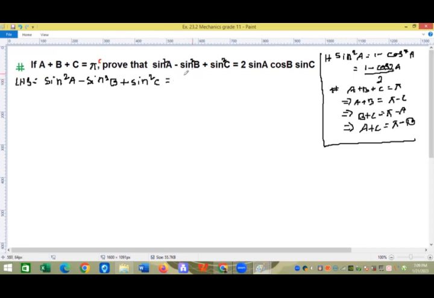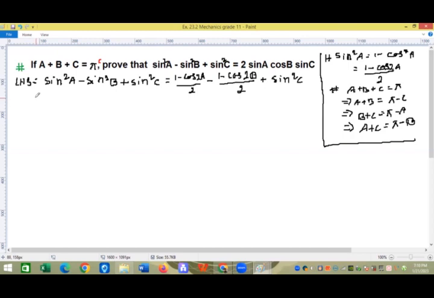So in place of sine square a, you can write here 1 minus cos 2a by 2, and then it is minus, so write here minus. So in place of sine square b, the only difference is this is angle b, so it is 1 minus cos 2b by 2, and then it is plus sine square c.